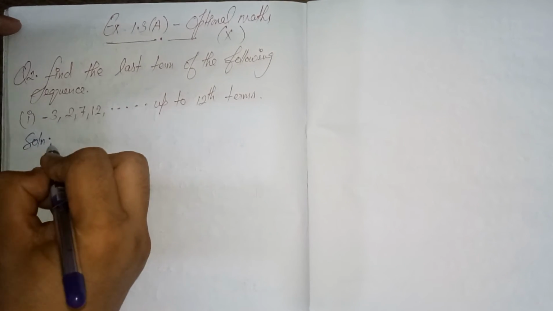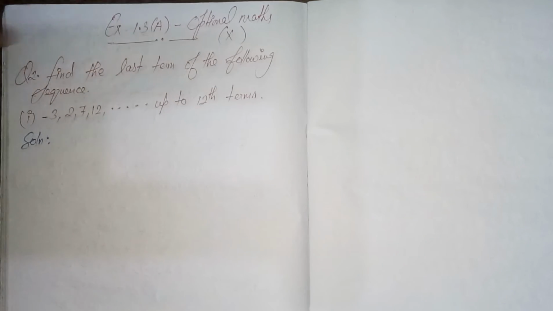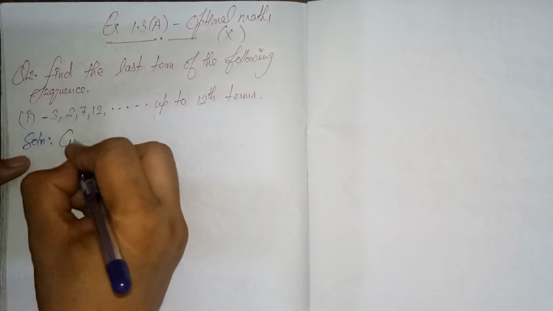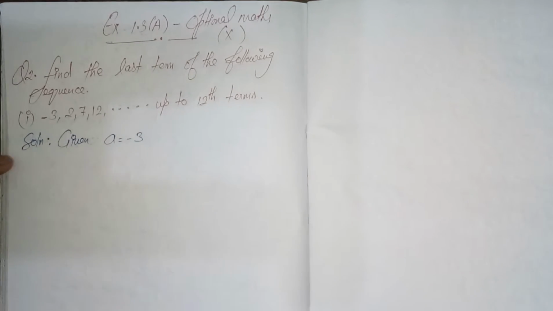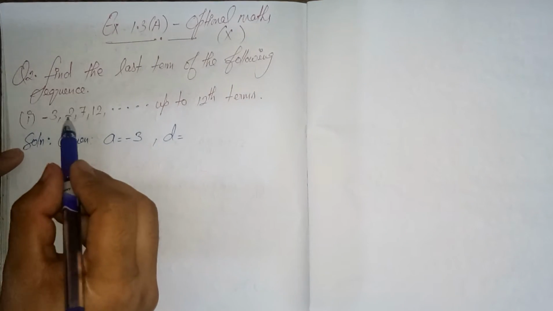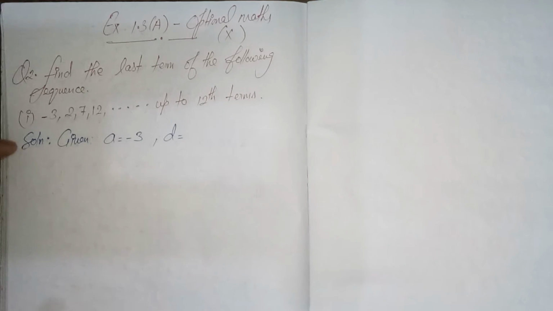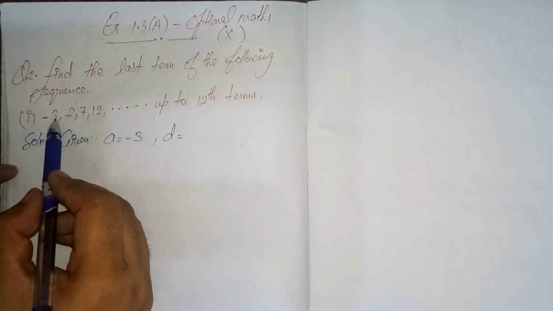Okay, what is given? We have to write all the given information from this sequence. Here we can see that a is equal to -3. Similarly, to find d, you can take any two successive terms and subtract the first from the second.